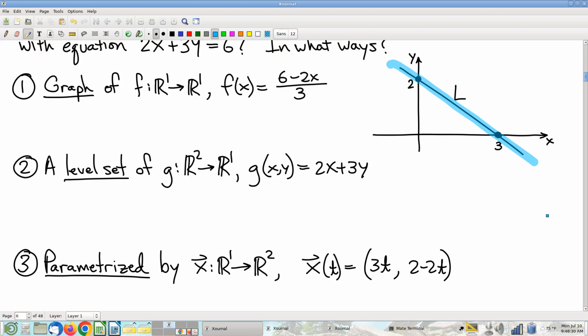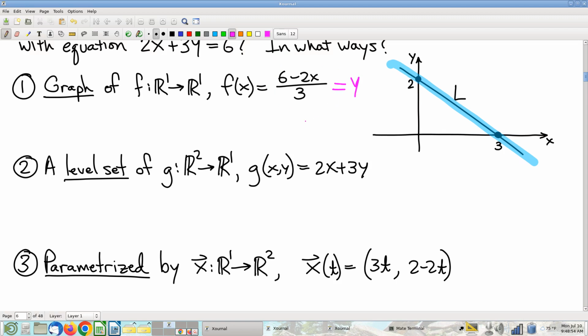So, for example, it's not hard to persuade yourself that this function right here is a function for which the graph is our line. I'll show you how we know this. Because if I were to form the graph of this function, the way you form a graph is you take the value of the function and set it equal to a new variable. I'm going to use y because the input was just x.